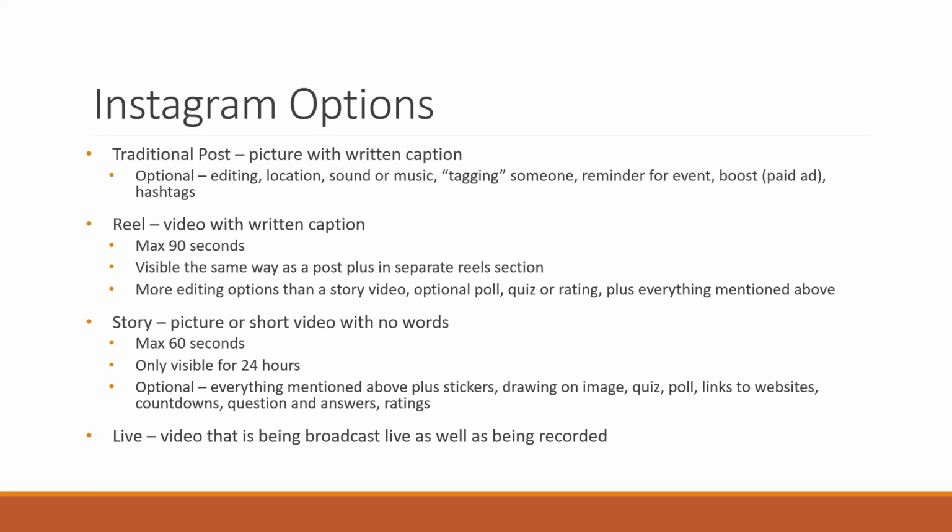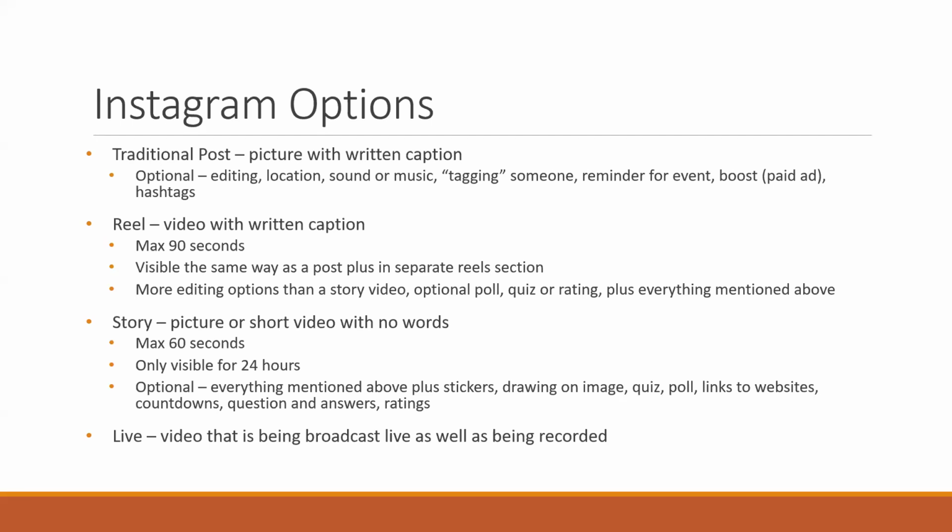And they do have more editing options than a video that you would post on your story. You can also do an optional poll, a quiz, or you can allow people to give a rating, plus everything that's mentioned above on the traditional post.